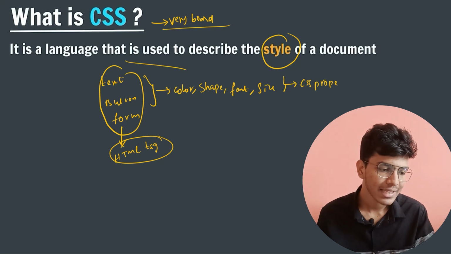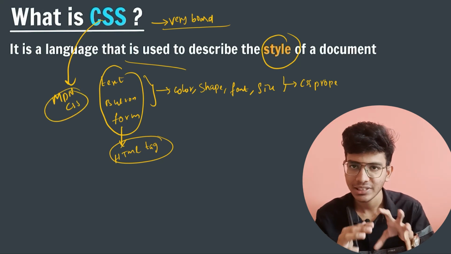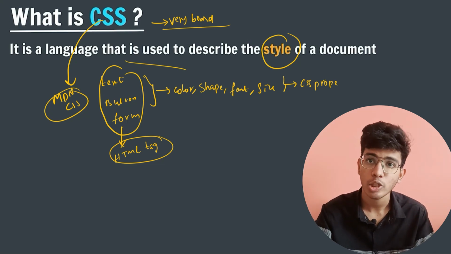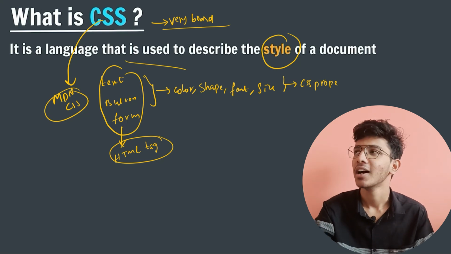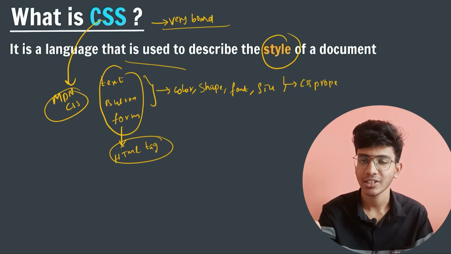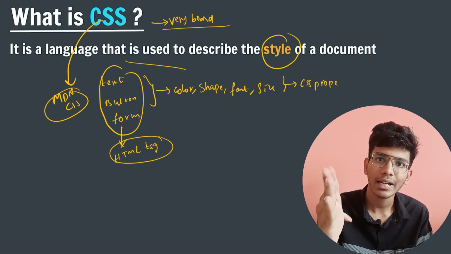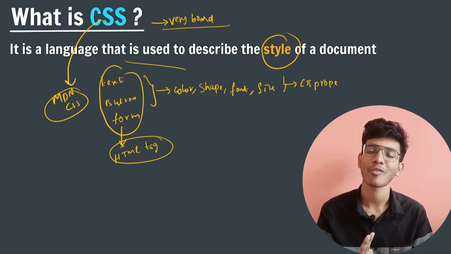There is a website called MDN CSS. Type MDN CSS and you will get the entire documentation of CSS, with hundreds of properties and concepts. Whenever you forget something, go to this website, search for the topic you forgot, read about it, and you will get a revision of that thing.